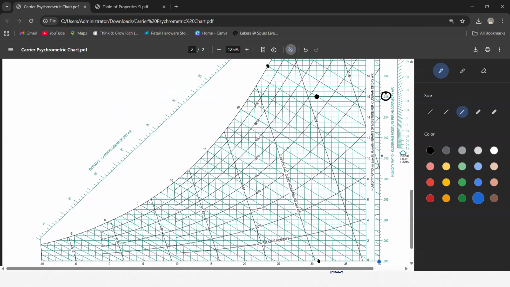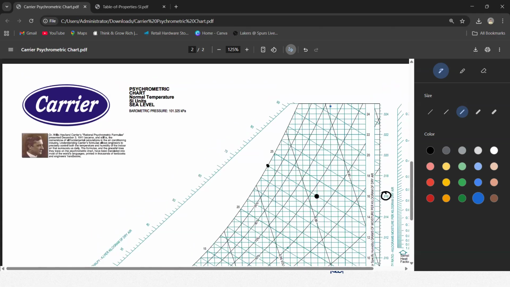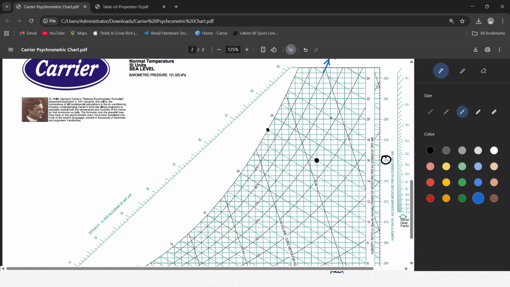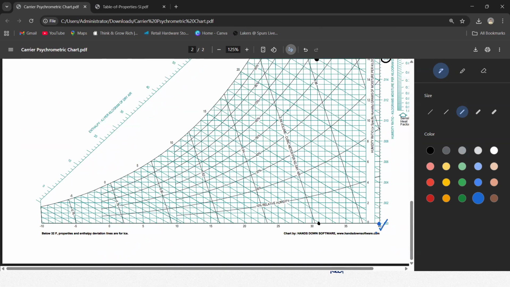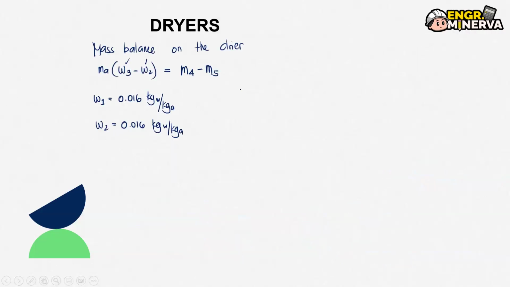Where is the 80%? This is our 80%. Okay, sir, our graph is already exceeded. How can we do that, sir? Since our graph does not extend here, this is the 80% line, and this is the 40 degrees Celsius. If our psychrometric chart cannot do what is needed, we will use our formulas.